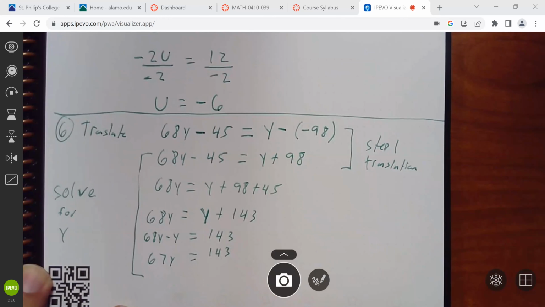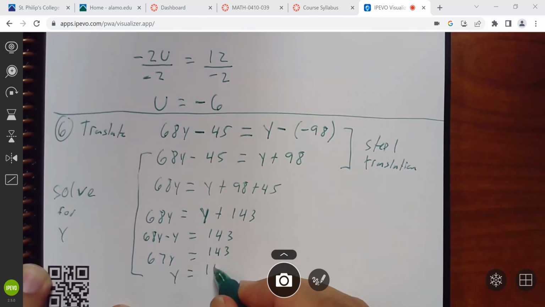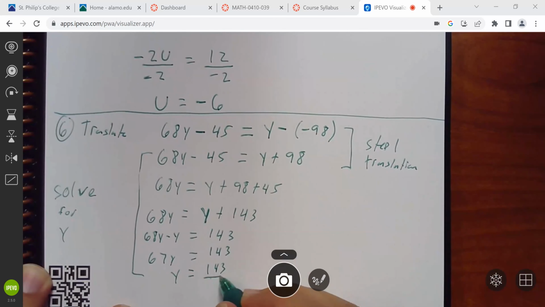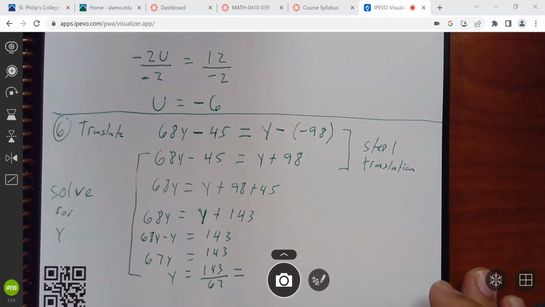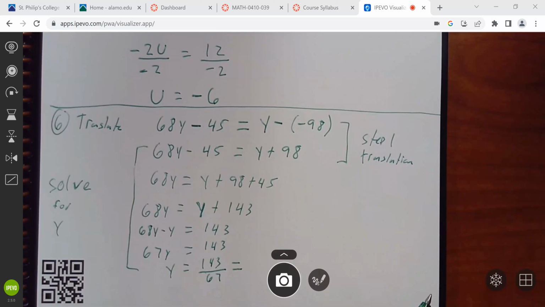Yeah, just divide both sides. I'm out of space. 67 go in there? Good as is then.